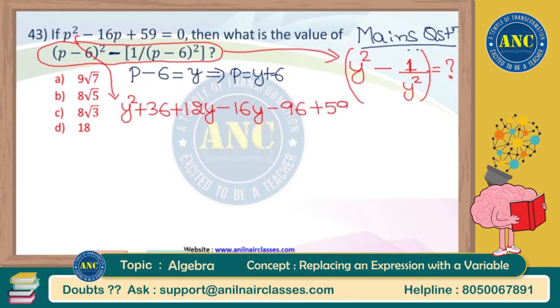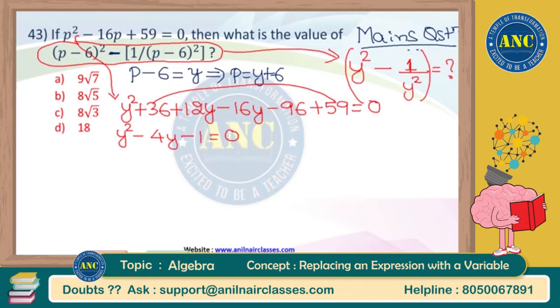I hope you are understanding, sir. These are all exactly similar to my previous last 3 to 4 questions. There is no change. Simplify further. Y square plus 12y minus 16y is minus 4y, and 36 plus 59 is nothing but 95. 95 minus 96 is minus 1.